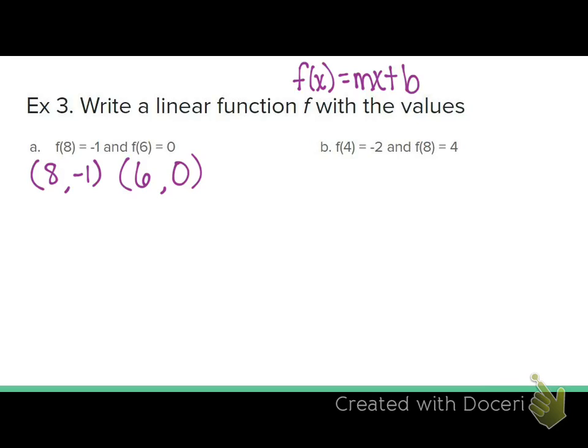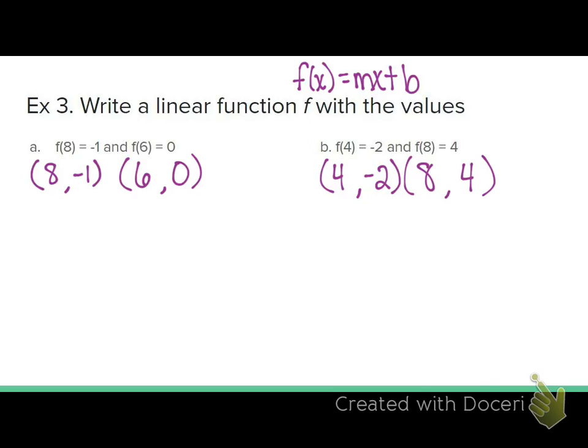Let's go ahead and write our points for letter B, and that way you can work on these on your own for just a minute or two before we do them together. For letter B, what's the first point that they imply with their function notation? 4, -2, and the other one? 8, 4. Now on both of these problems, you're going to follow those 4 steps we put in the box at the bottom of the front of your notes.